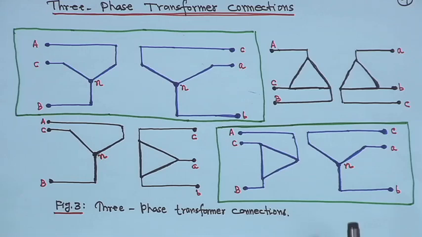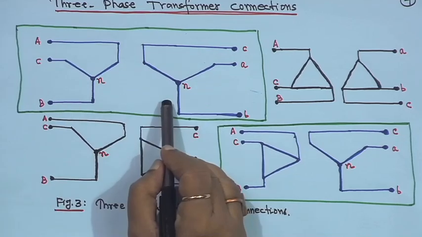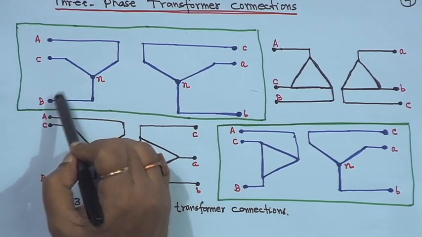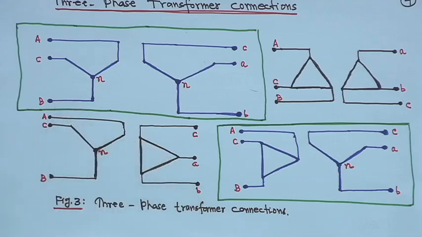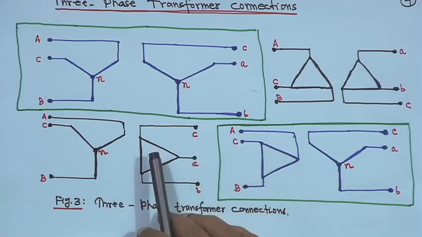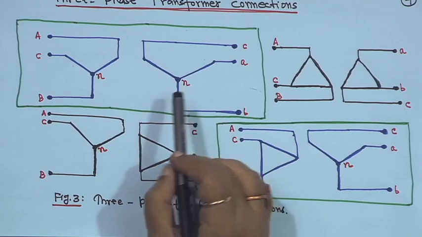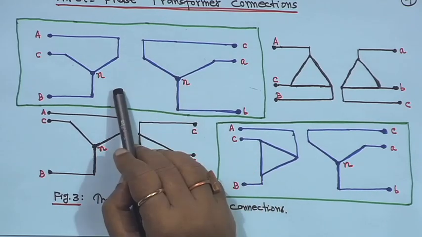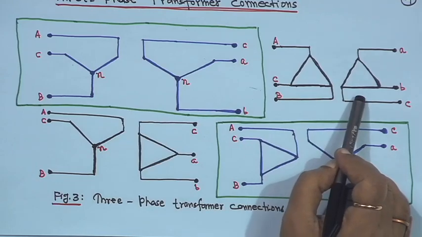So 4 combinations will be there. This is star star. This convention I have taken from the American Standard Association, but you can take anything, and accordingly you have to follow. In star star connection, the neutral is available. For delta delta, neutral is not available.